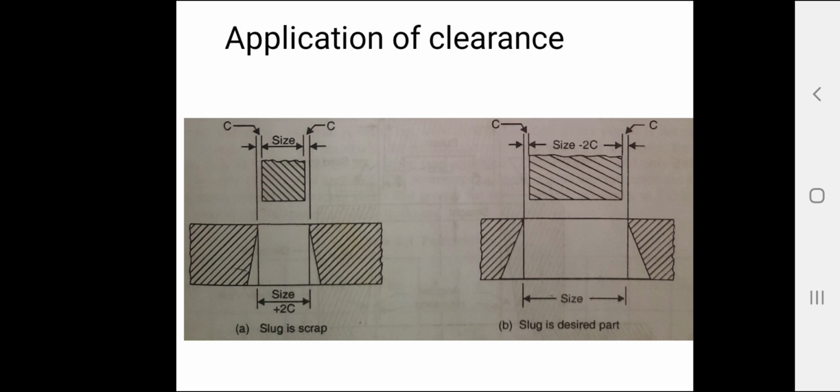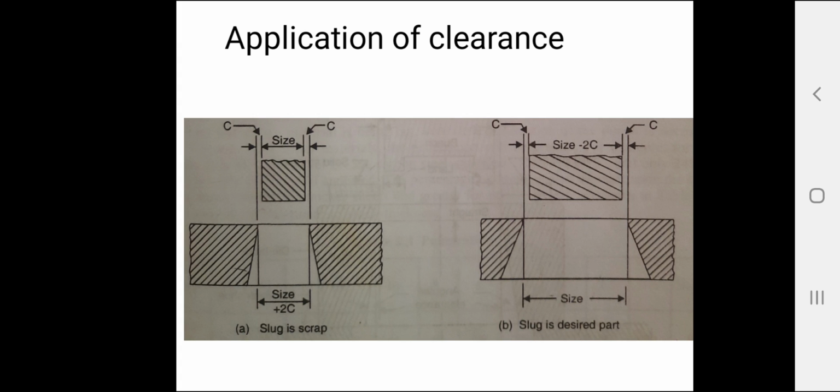So we must take help of these figures while designing any die set, and we have to keep proper clearance. The reason behind the application of clearance in this manner is that the diameter of the blank or punched hole is determined by the burnished area.